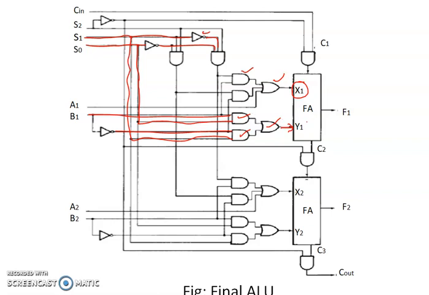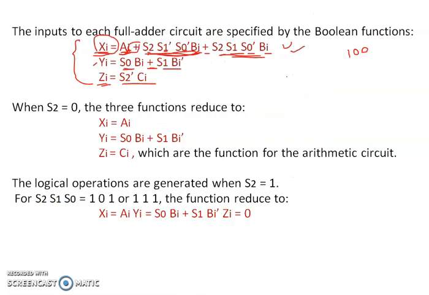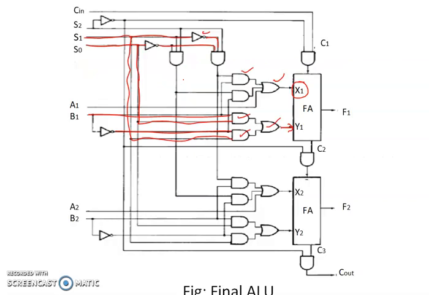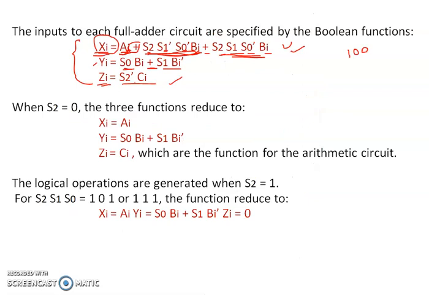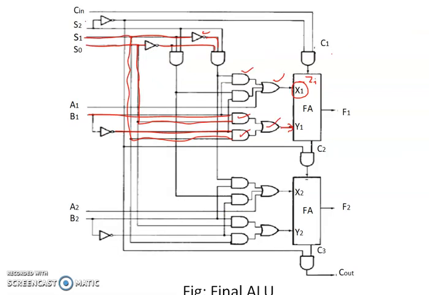From this, the Yi input is over. Now the next function is Zi equal to S2 complement Ci. Zi means the carry input. This will be taken as Zi equal to S2 complement Ci. So what does that mean?